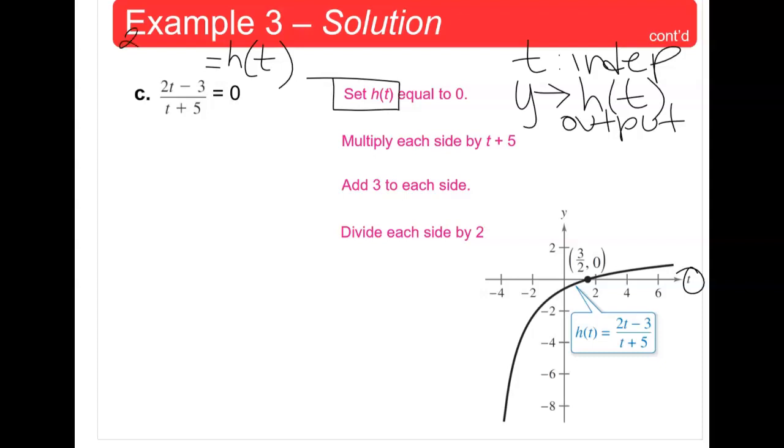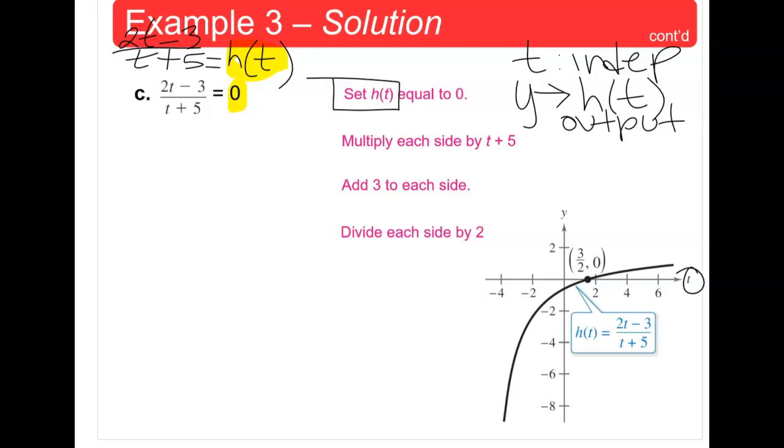Here it will be like the same equation. I'm just going to write it so you don't get confused. There we go. Now, I replace the h of t with 0 because I'm trying to find the solution to the equation, or the zeros or the roots.